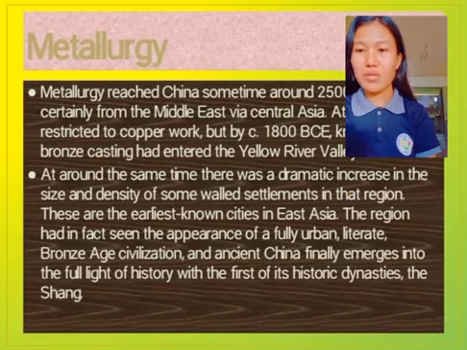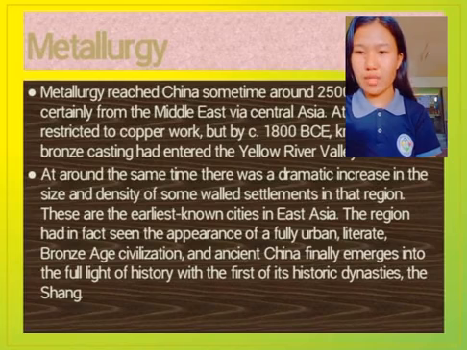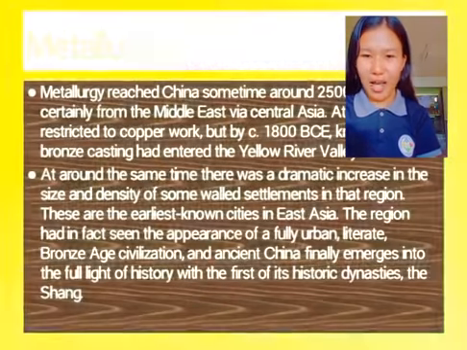At around the same time, there was a dramatic increase in the size and density of some walled settlements in that region. These are the earliest known cities in East Asia. The region had in fact seen the appearance of a fully urban, literate, Bronze Age civilization, and ancient China finally emerged into the full light of history with the first of its historic dynasties, the Shang.